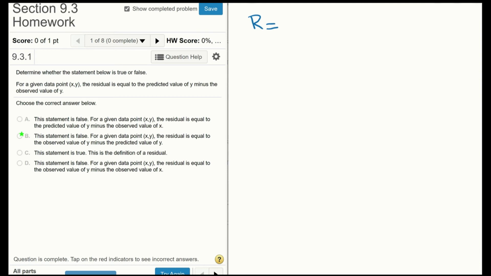We say O before P. So the observed value first, then minus the predicted value. The notation we use for the observed value is y itself, and for the predicted value we use y hat. So clearly this statement here would be false.